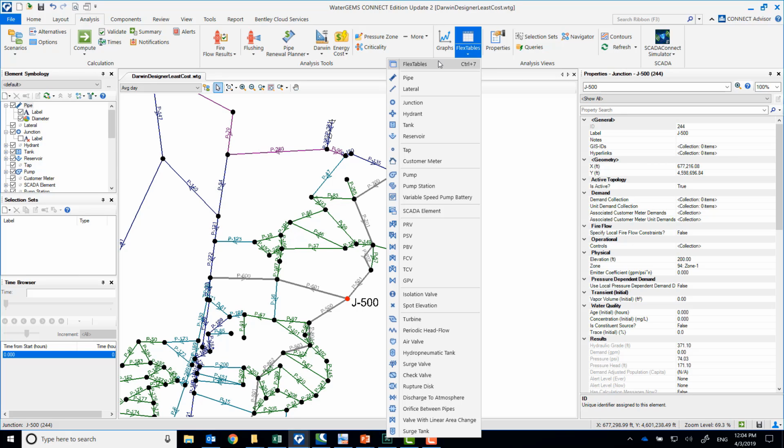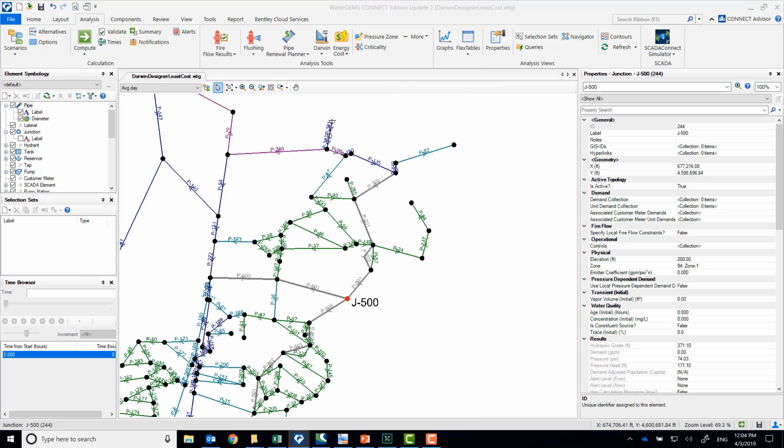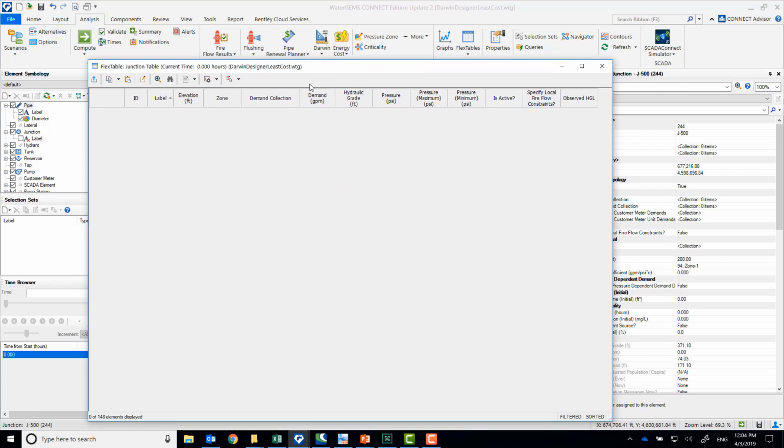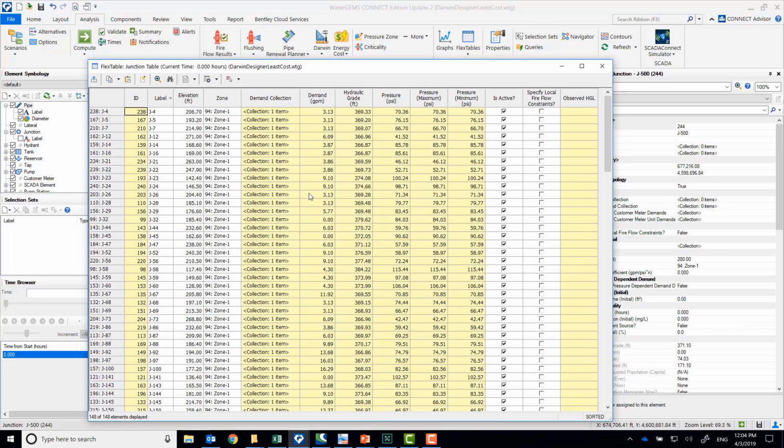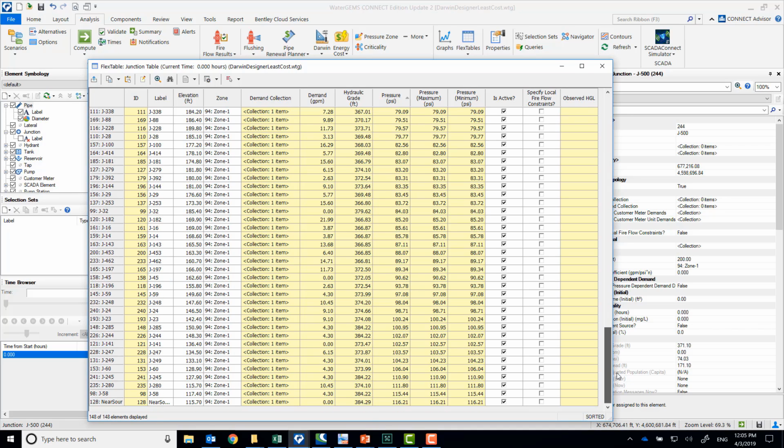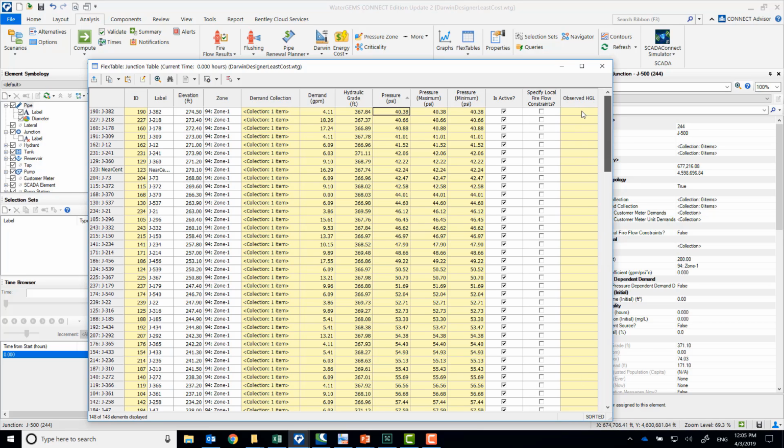So let's take a look at our junctions, because I want you to be aware of the pressures. And I'm just going to reset the filter. Sometimes this happens if you have filtered your results somehow. So for average day demands, our pressure goes from 40 psi up to 116. Now, why am I showing you this?